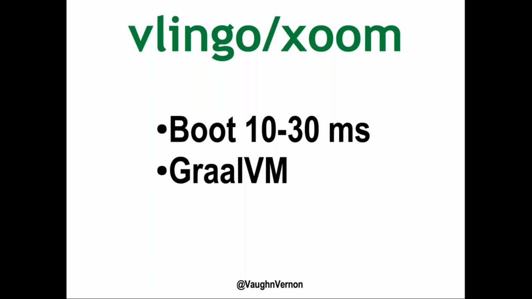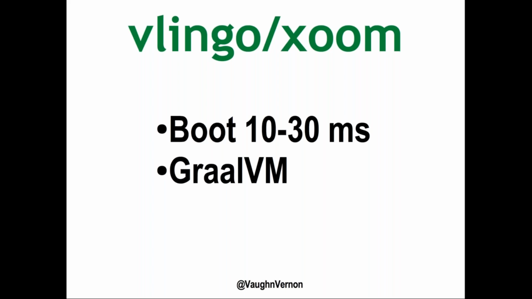Okay, but with vlingo xoom, we see times as low as 10 to 30 milliseconds. This is what gives vlingo xoom the capability of being used under function as a service. We also support GraalVM. The real stickler with GraalVM is, for the most part, you don't want to use reflection with GraalVM.